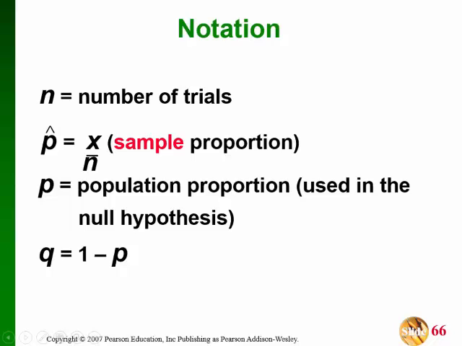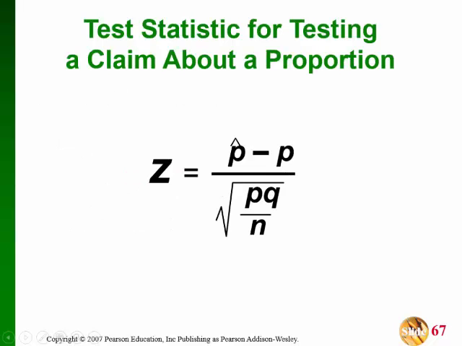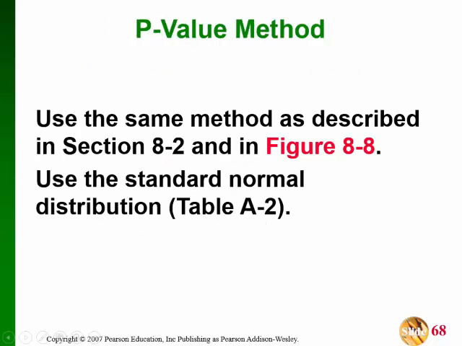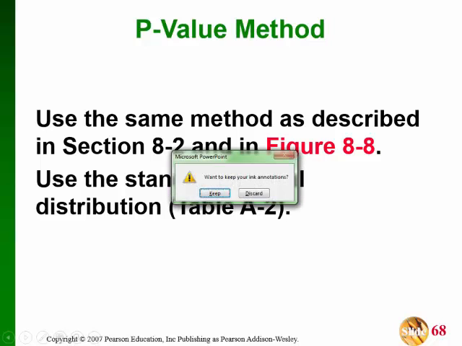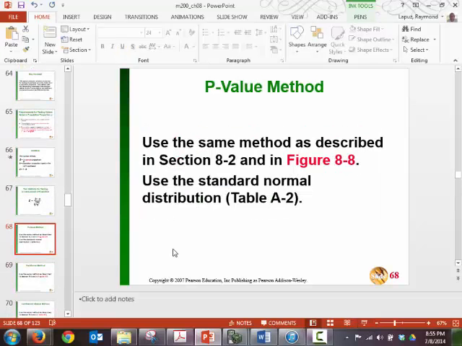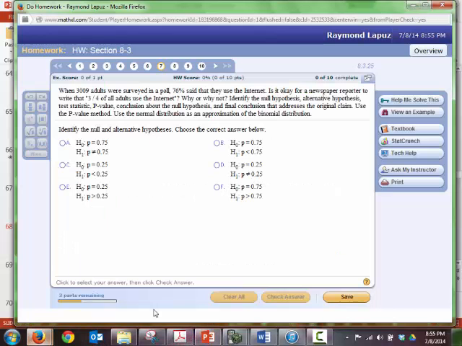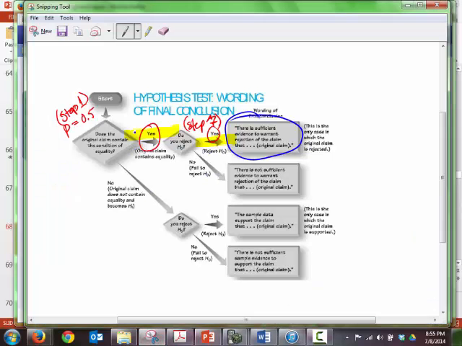So there's some notation here that we've already talked about in the test statistic that we saw, and the p-value method is going to be just taken from the calculator. So I think I have one problem already pulled up over here. It's kind of small, but I hope you can still read it.